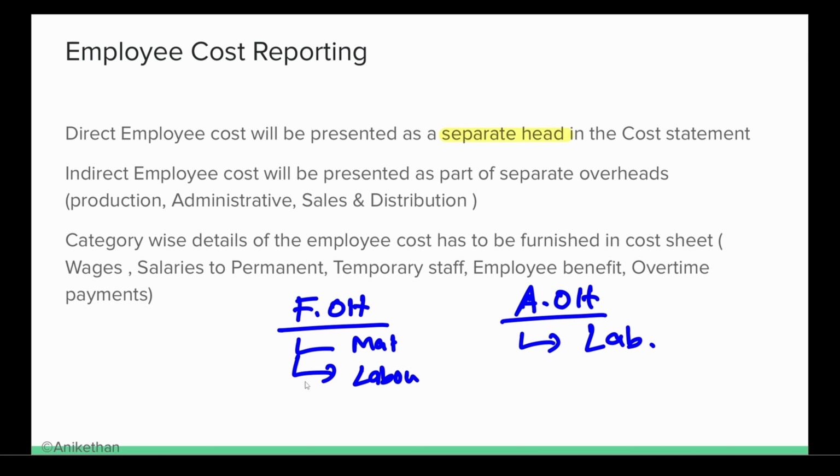So in factory overhead under labor, you have to mention what is the wages or salary, then what is the benefit cost. This kind of breakup has to be reported. This is very important when you go for practicing cost accountancy and you are required to verify the cost sheet. All this has to be checked.